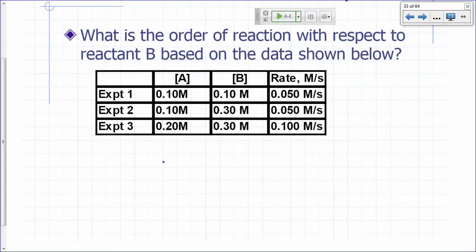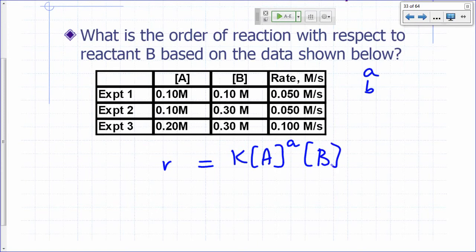I'm going to say then rate for experiment 1 equals K times A raised to the power. I'm just going to call little a the order with respect to A and little b the order with respect to B. Okay, so rate would be equal to K times concentration of A raised to little a times concentration of B raised to little b. Okay?